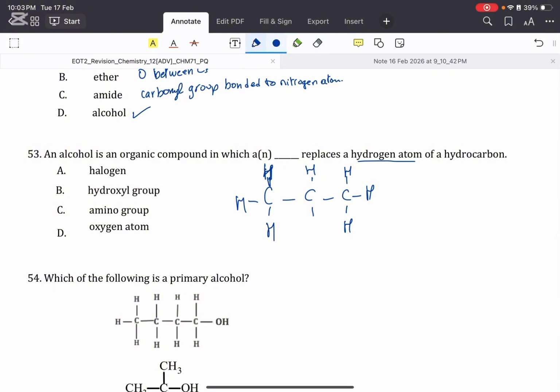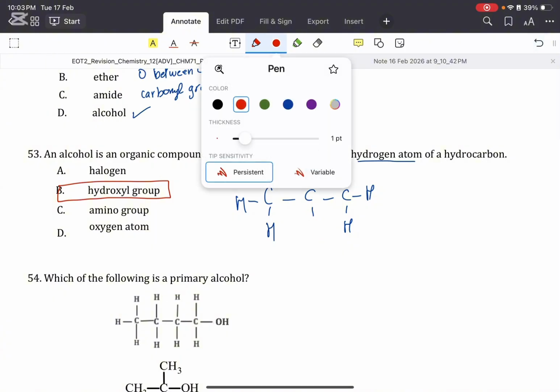I need, for example, to replace this hydrogen that I erased with a hydroxyl group. If I replaced it with a halogen, it's going to become a haloalkane. If I replaced it with a nitrogen, it's going to become an amine. So just that, so that you know the difference.